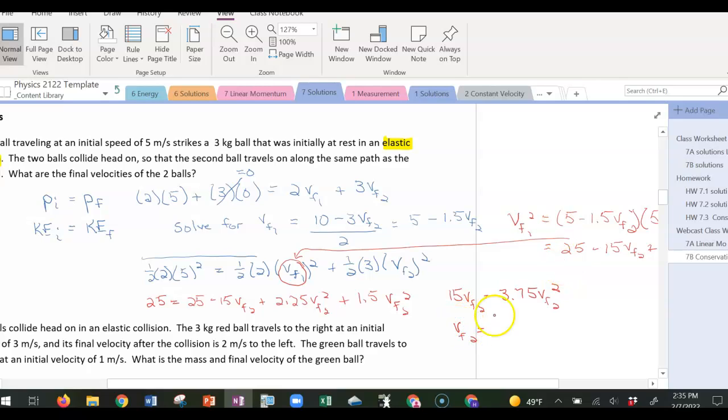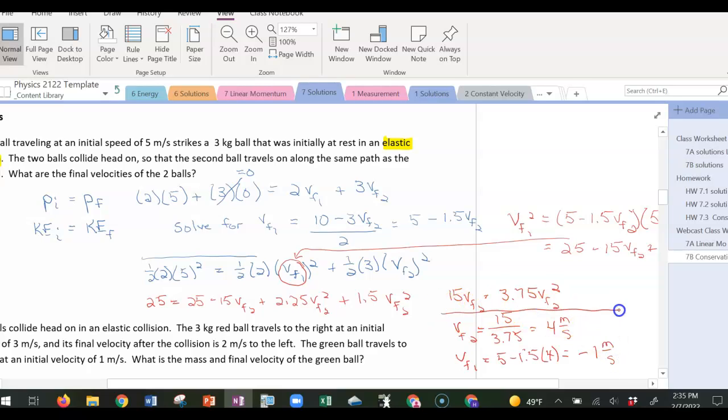VF2 is going to equal 15 divided by 3.75, which is 4 meters per second. And then I can plug that back in to my equation up there, and I get VF1 equals 5 minus 1.5 times 4 equals -1 meters per second.